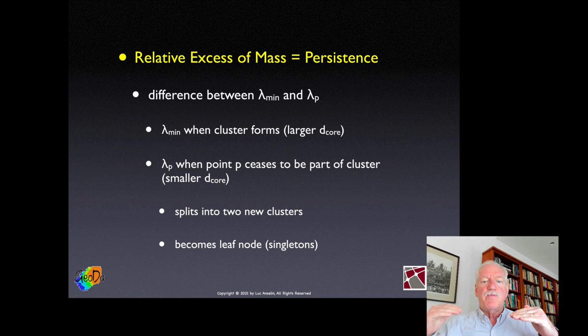Lambda minimum, or the larger distance, is when the cluster forms. That's the first sea level. And then lambda p, for each point there's a separate one because some points stay in the cluster longer than other points. For lambda p, we have the associated density when that point splits off either to become a leaf by itself or to form a separate cluster.